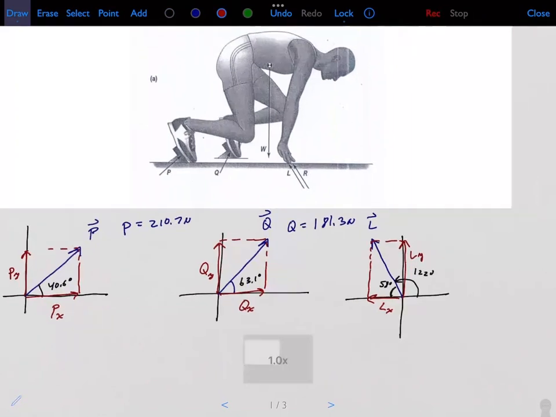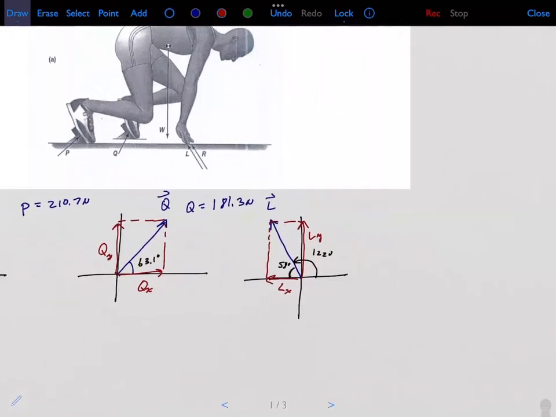Ly. And then R is exactly the same thing, right? Oh, and we also knew the magnitude, right? The magnitude of L was 228.34 newtons. And R was exactly the same thing. So it was in the same exact direction, same magnitude.